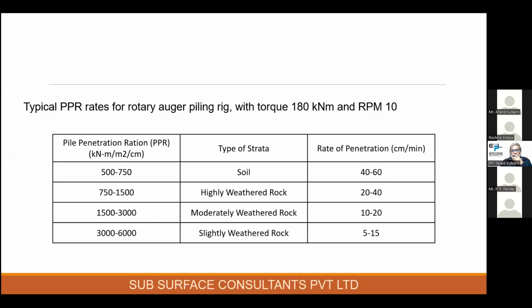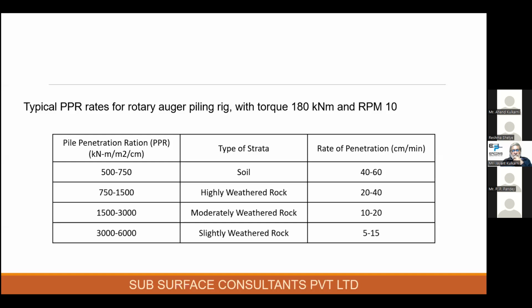What is seen actually is that these values are nearly 20 times more as compared to what you see in the chisel penetration test. In slightly weathered rock, that value would be around 600 or 650 or say 700. Now this is practically 10 times the value. When the rate of penetration drops down to 5 centimeters, the PPR value would be 6,000.